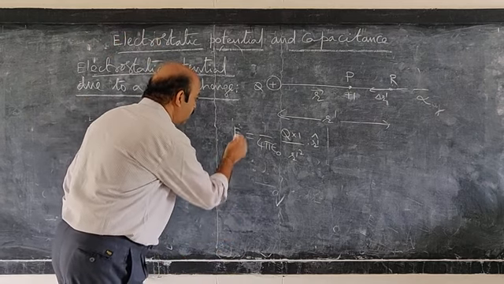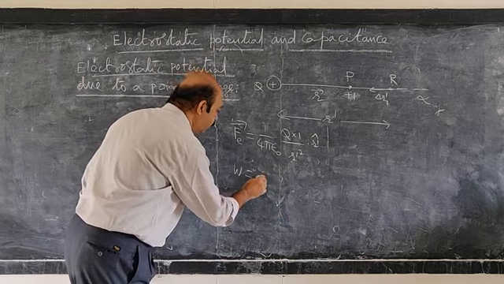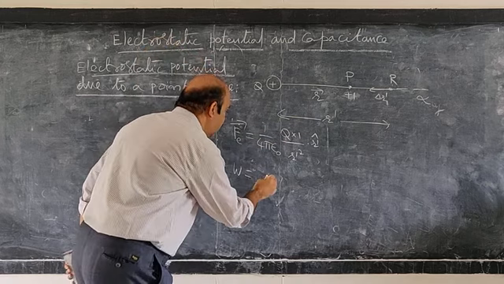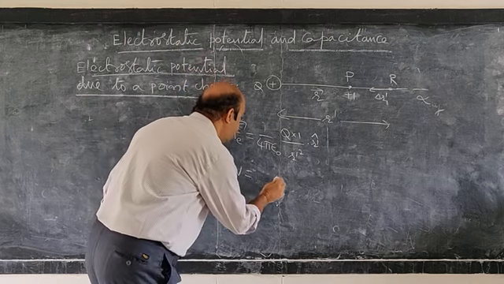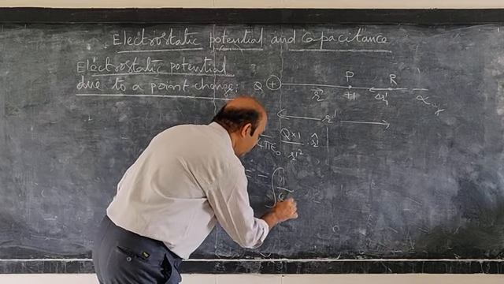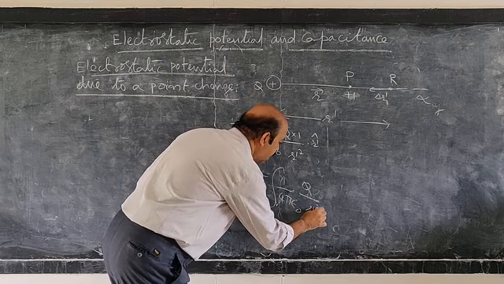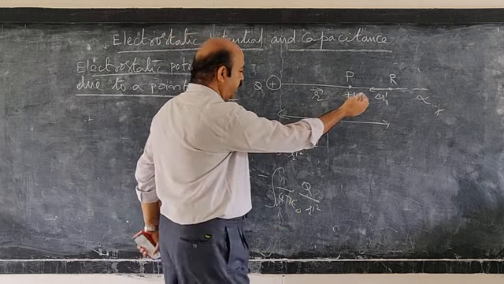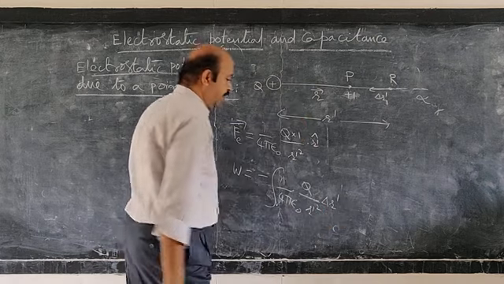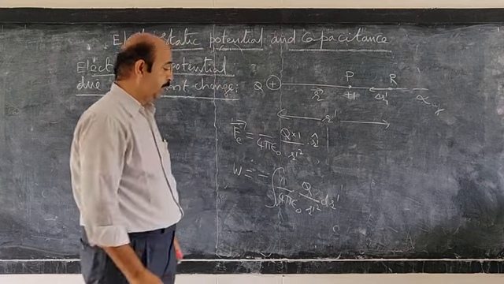Now I want to calculate the work done. For calculating work done, you are bringing the charge against the electric force. So work done is given by minus integral of 1 by 4 pi epsilon naught q by r dash square, times the small displacement dr dash.